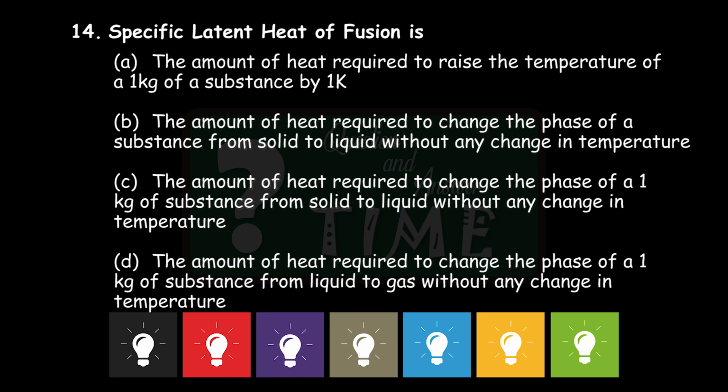Number C, the amount of heat required to change the phase of 1 kg of a substance from solid to liquid without any change in temperature. And number D, the amount of heat required to change the phase of 1 kg of a substance from liquid to gas without any change in temperature.